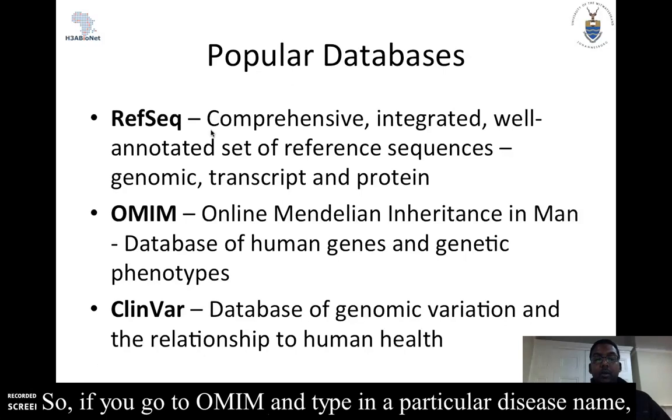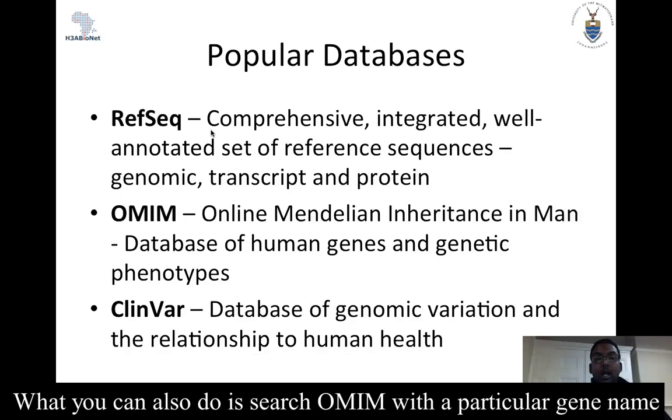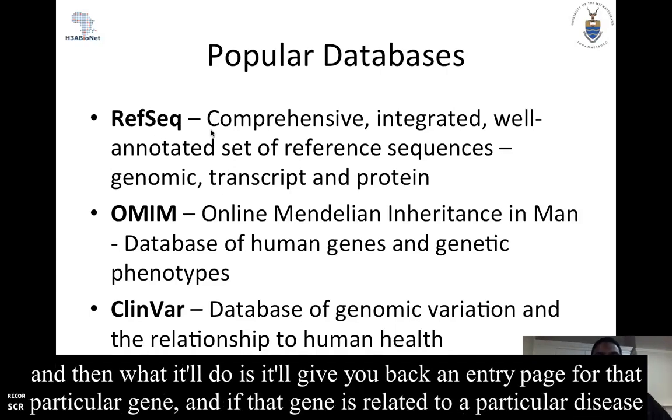So if you go to OMIM and you type in a particular disease name, you will get back a page which is dedicated to information on that particular disease. What you can also do is search OMIM with a particular gene name, and it'll give you back an entry page for that gene.